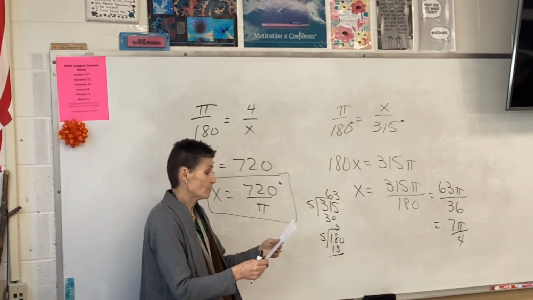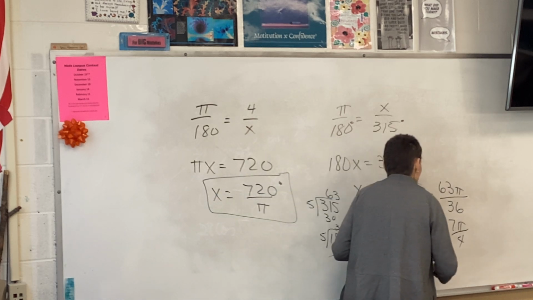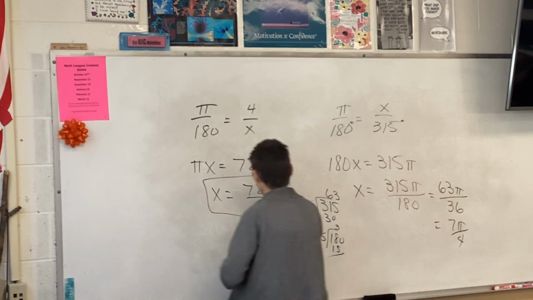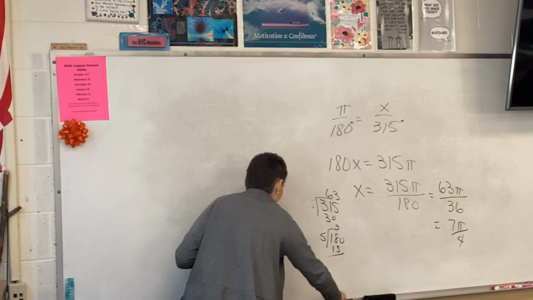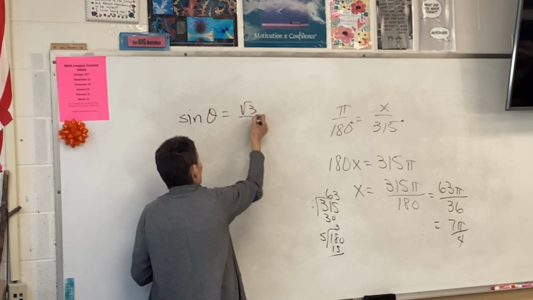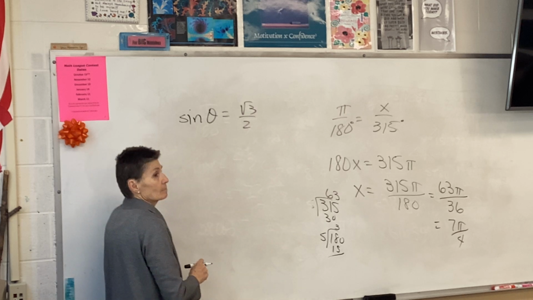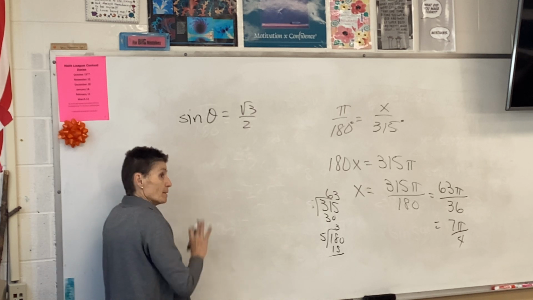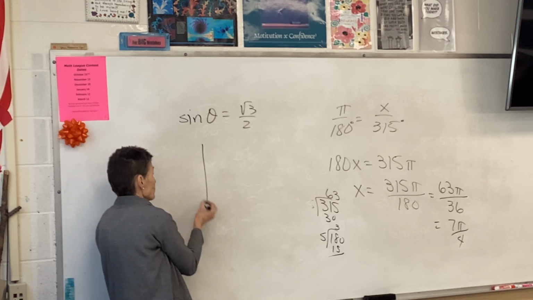All right, so now we're on the back. Sine theta equals root 3 over 2, and you need to find theta in degrees. But no calculator now, okay? We're doing this without a calculator. So let's draw a picture.